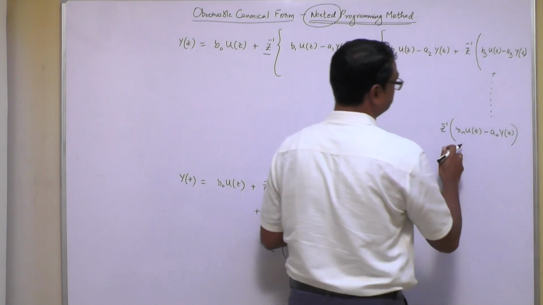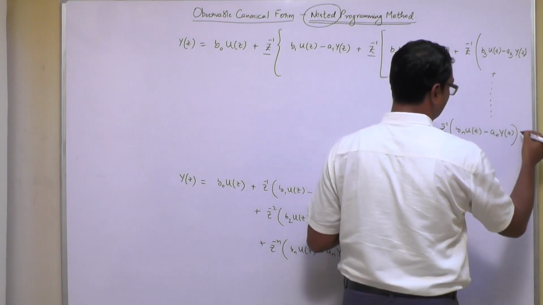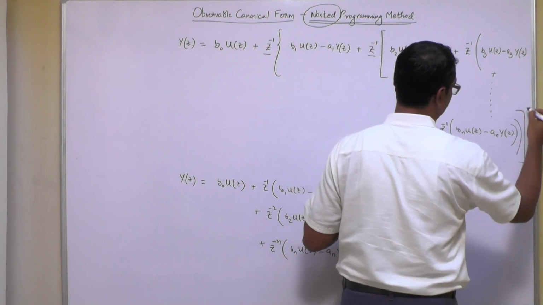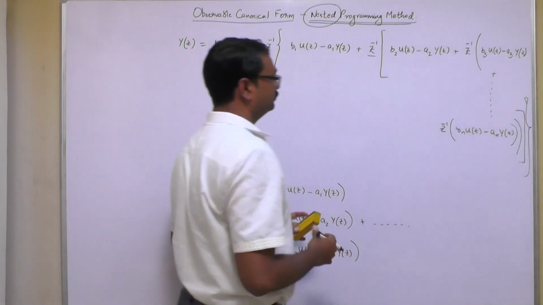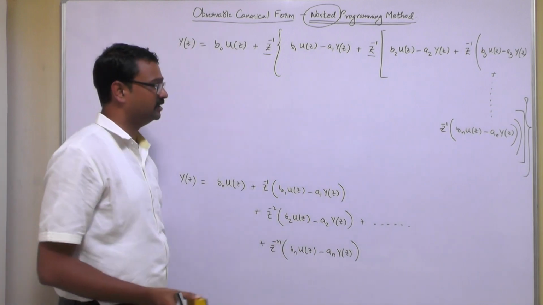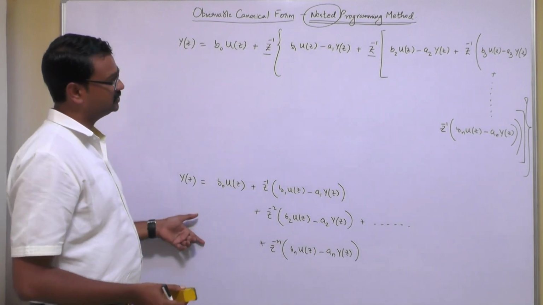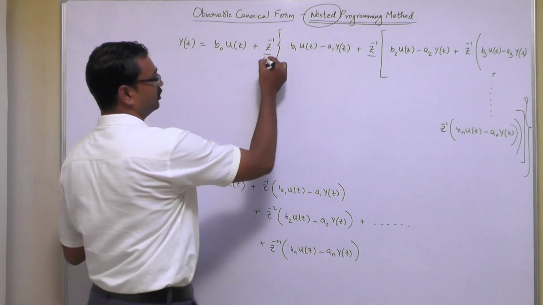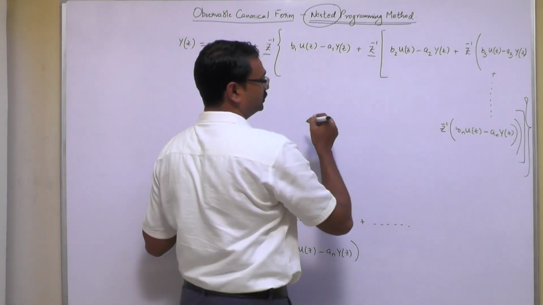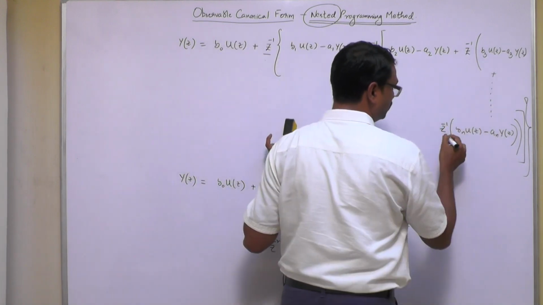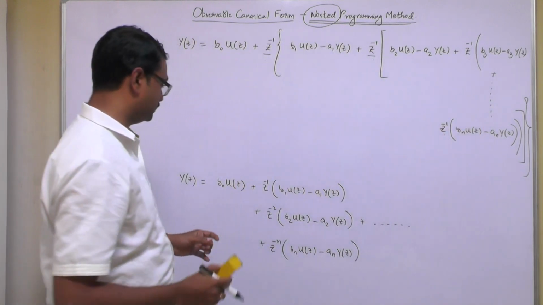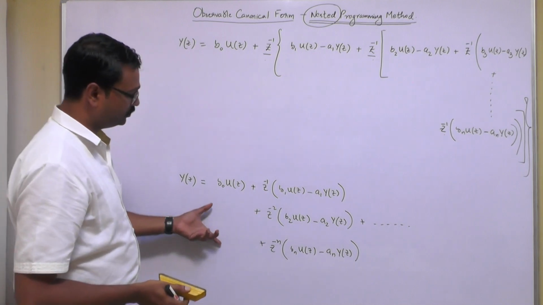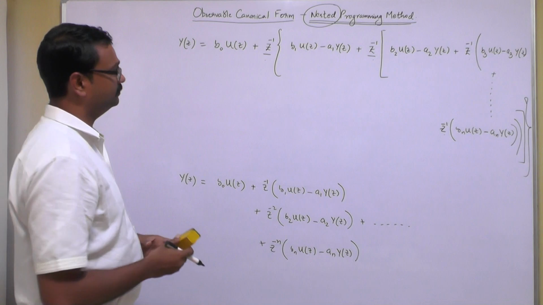So I close this bracket here, the other brackets are closed here, and this one and this one. For example, let us say we are having such type of equation, this equation can be written in this form, that is, you have z^-1 into 1, 2, 3, so on n times, this z^-n. So you get z^-n here. So everywhere this equation can be written in this form.